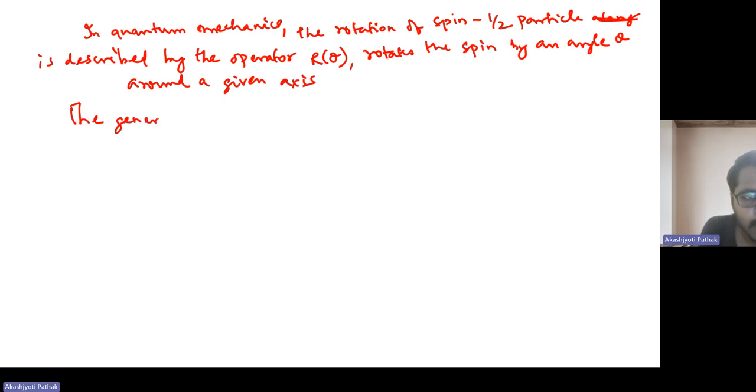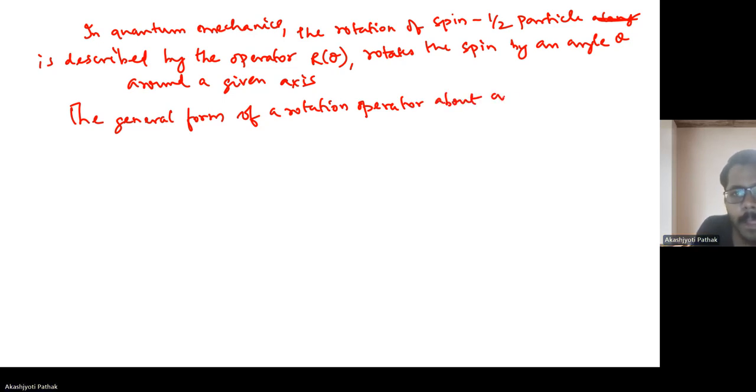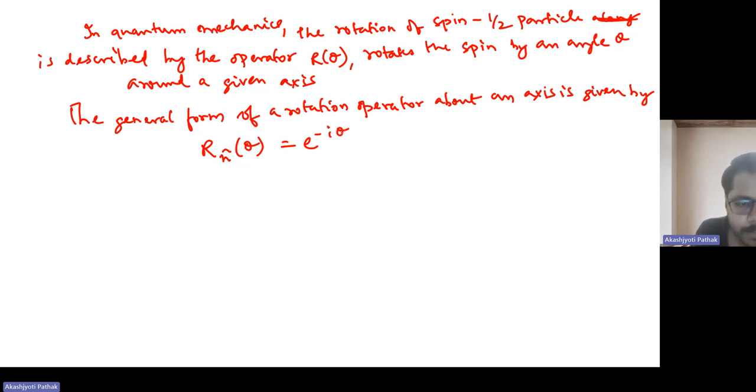The general form of a rotation operator about an axis n is given by e to the power minus i theta I along the direction in which we are considering.